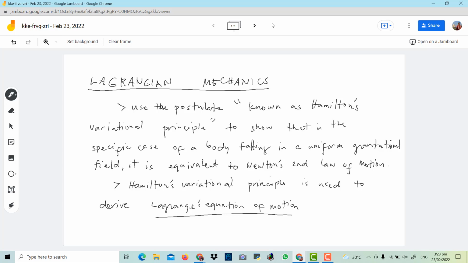Okay? It also shows how Lagrange equation of motion. By the way, the Lagrange equation of motion is for a conservative system. So take note na ako a conservative system. Okay?